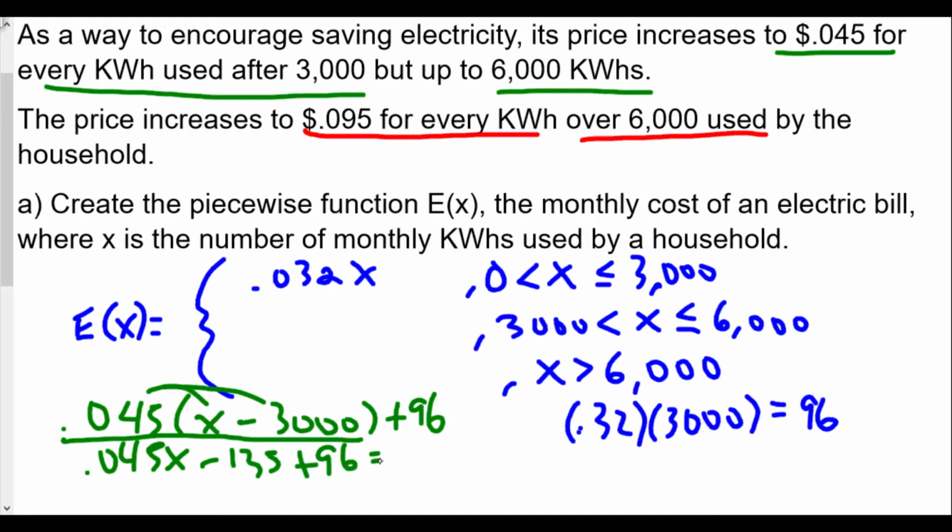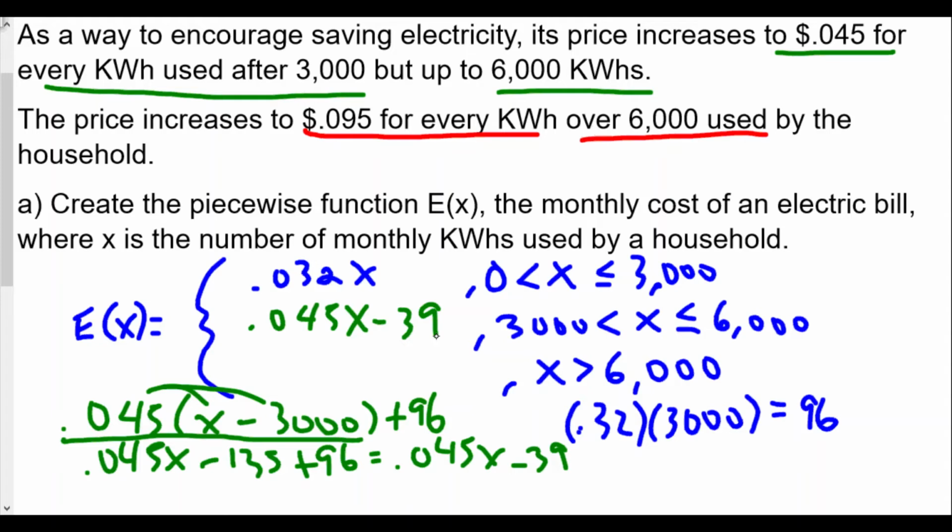Our next function value will be 0.045x, and 135 minus 96 is going to be 39, minus 39. So that's going to be our second function here, 0.045x minus 39. Okay.